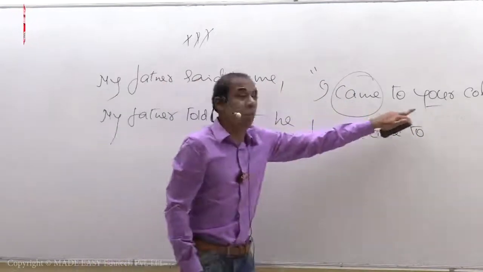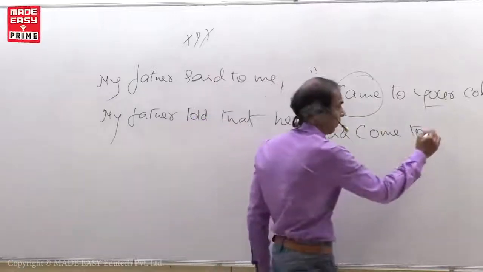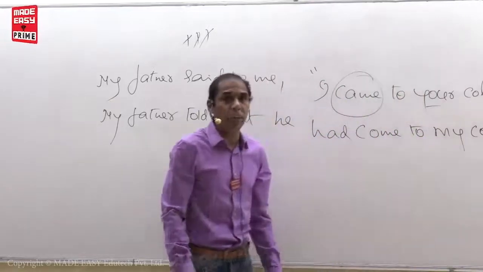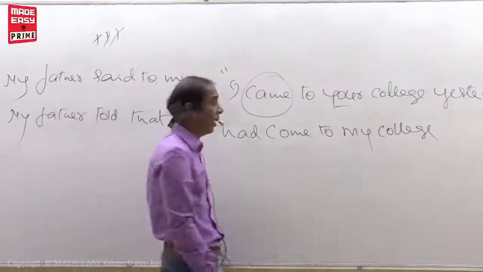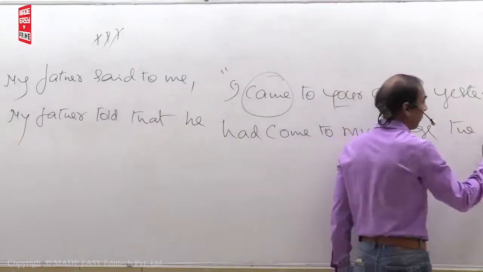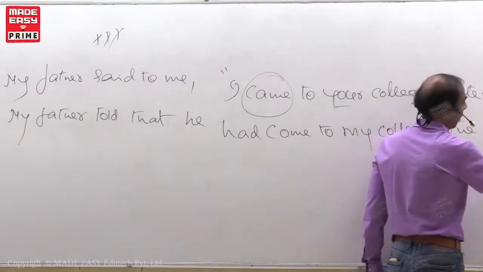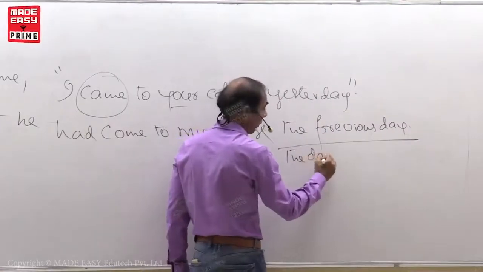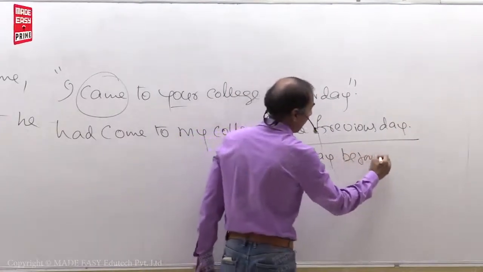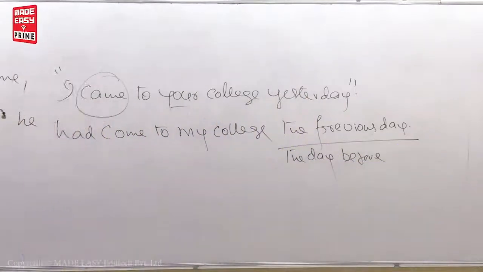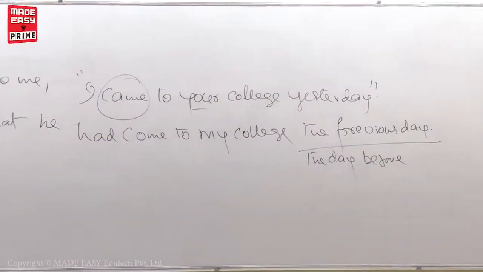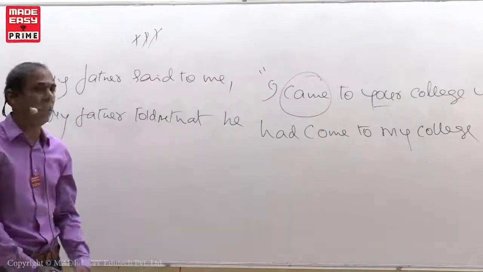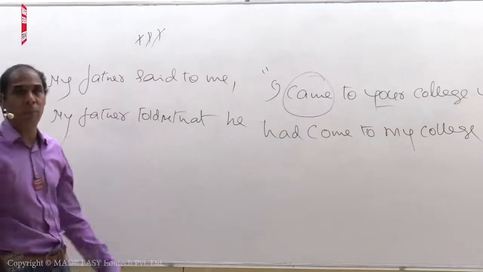Your changes as my, to my college. Yesterday changes as the previous day, or else, this is also correct, the day before. My father told me that he had come to my college the previous day or the day before.